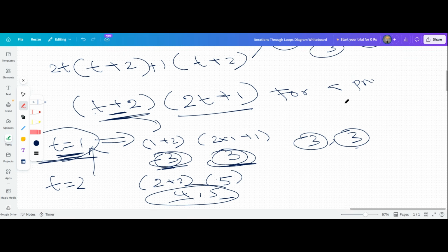For a prime number, one factor needs to be 1, but in our case we have the minimum number as 3, so we won't get 1 as a factor. If we can't get 1 as a factor, it means we actually don't have a prime number. That is how we prove it.